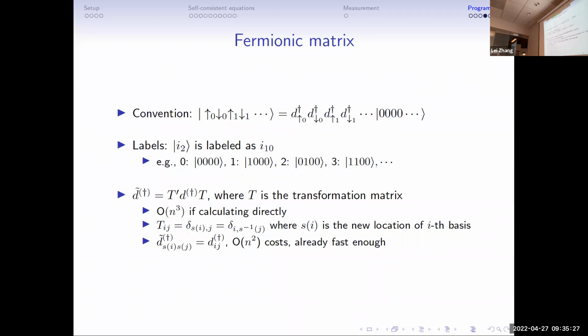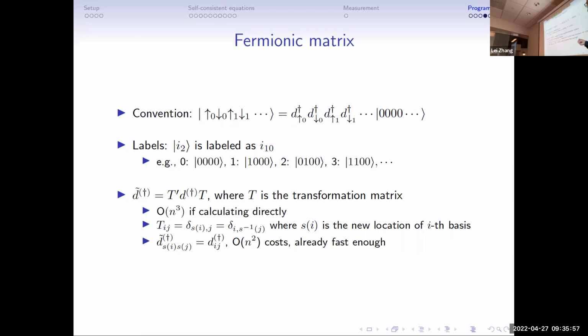I just made a little modification to accelerate the calculation of the block diagonalization. I will introduce how to do the block diagonalization later. The main thing is to find the transformation matrix to change the order of the bases.